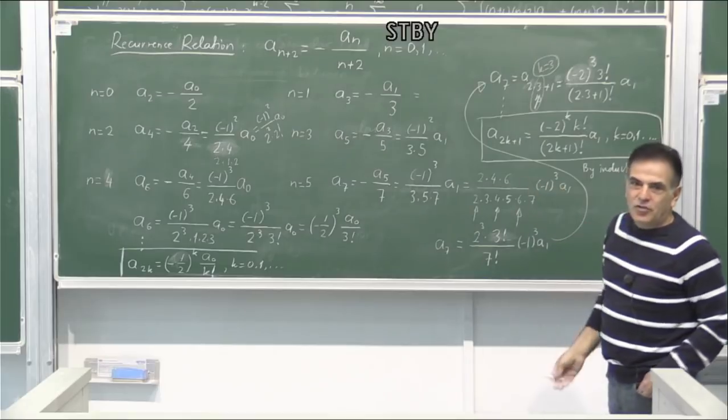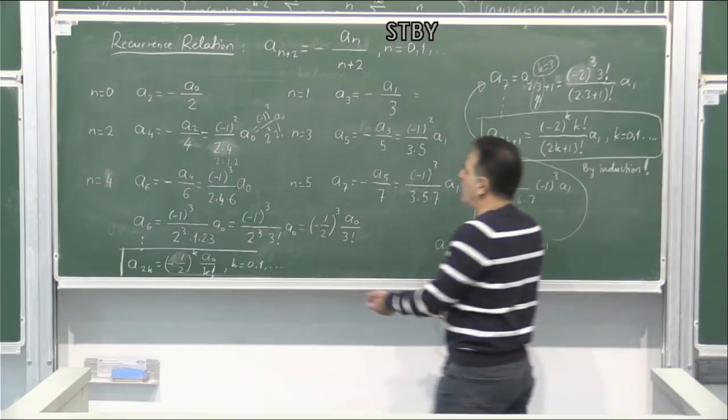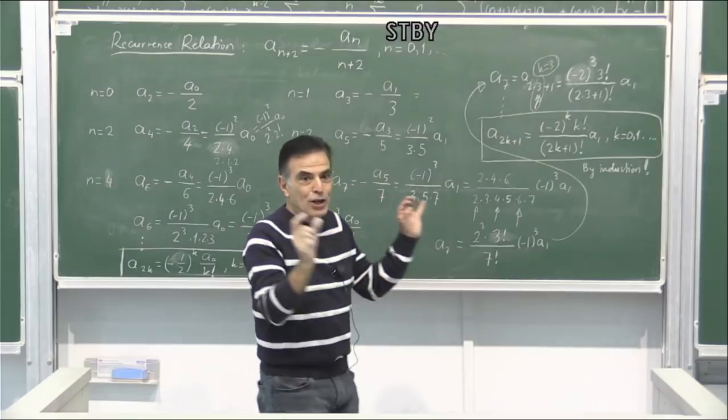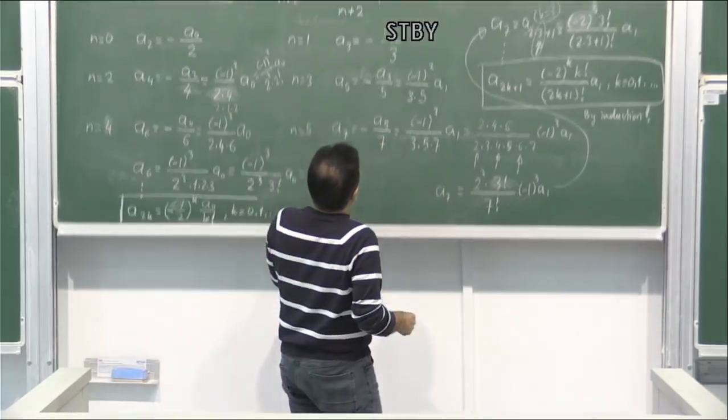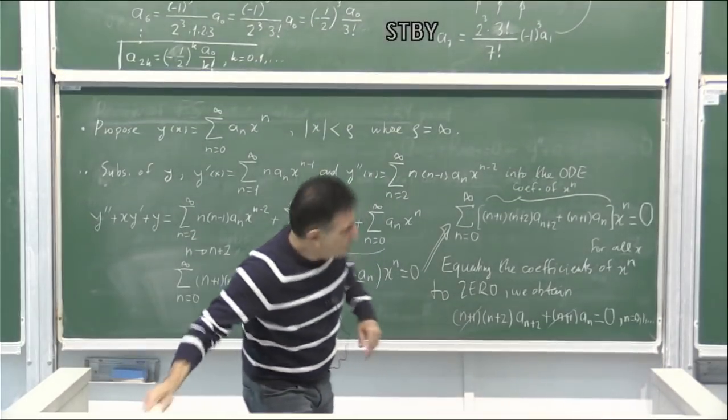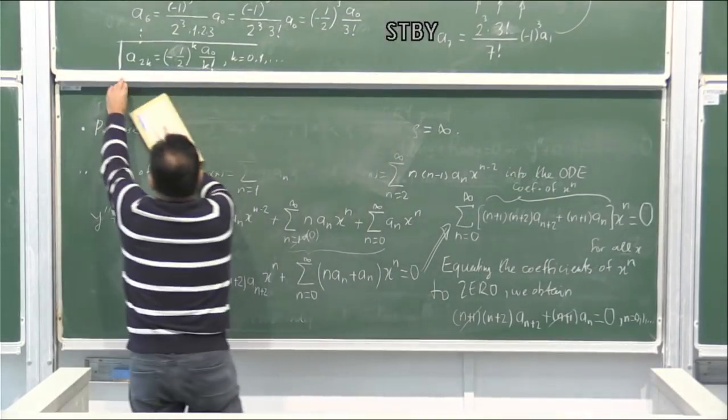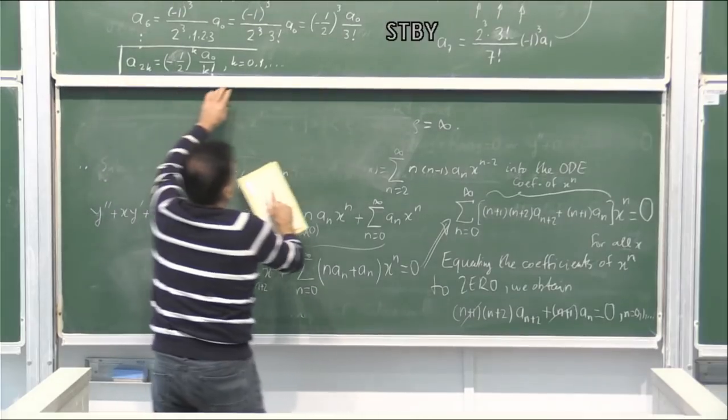So because of this reason, we again split the power series solution into 2 parts containing even and odd terms separately. So again, writing the solution as that.